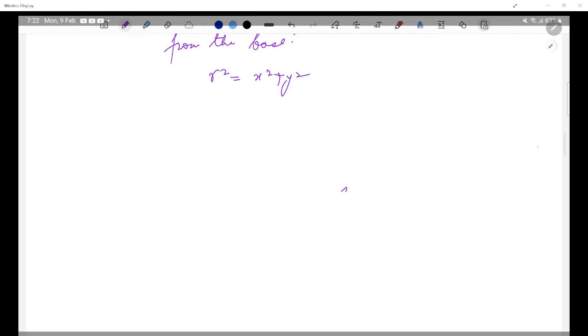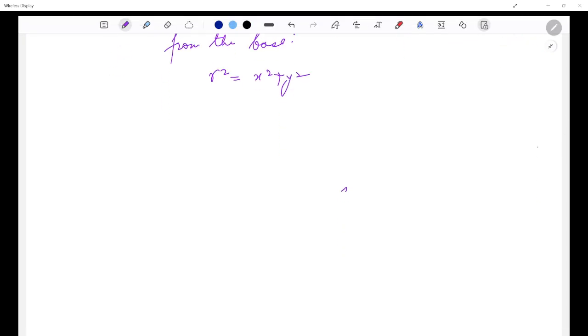Okay, now what we'll do, we'll compute r square using trigonometric identities, and we'll just substitute here.